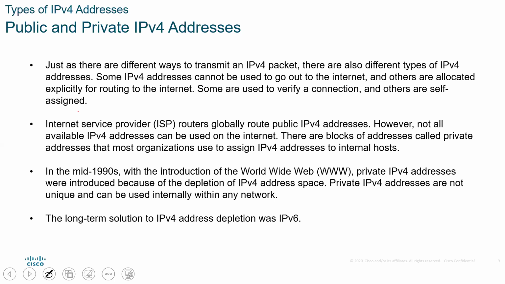So there are blocks of addresses that we call private IP addresses that most organizations use to assign IPv4 addresses to internal hosts. Remember we said that every device is uniquely identified by an IP address. So if I have a device that needs to connect to the internet, then nobody else should be using that particular IP address at that moment in time.